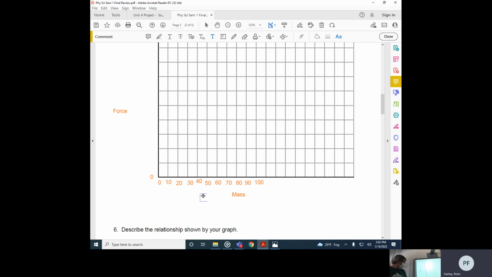Let's do this. I'm going to just move some numbers here. I'm going to skip a line. You don't have to label every single line either, do you? As long as they're even. So I'm going to label every second line is going to be another 10.